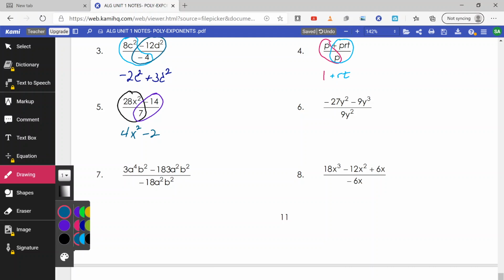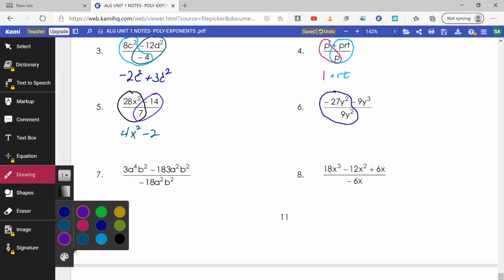Number 6, we've got negative 27y squared minus 9y cubed, all over 9y squared. Again, same rule. First item divided by the denominator. Negative 27 divided by 9 is going to give me negative 3. Y squared divided by y squared is 1. Divided by itself, I'm going to get 1.